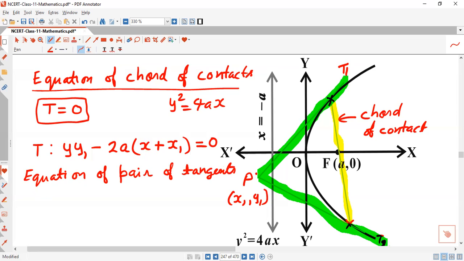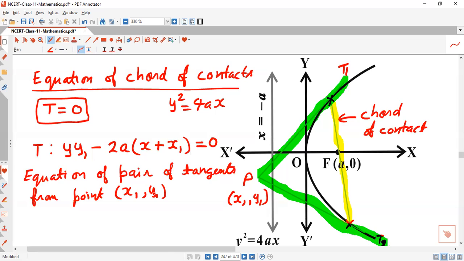Okay, this additional point x1, y1 is given to you, the pair of tangents from the point x1 comma y1. The formula is also the same in the case of circle, ellipse, hyperbola, and parabola.